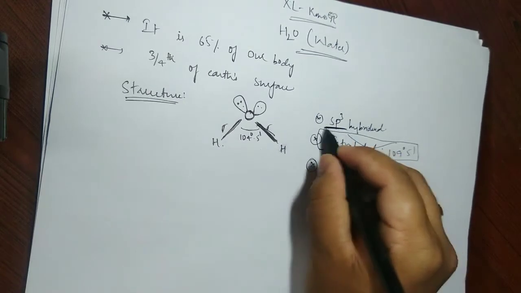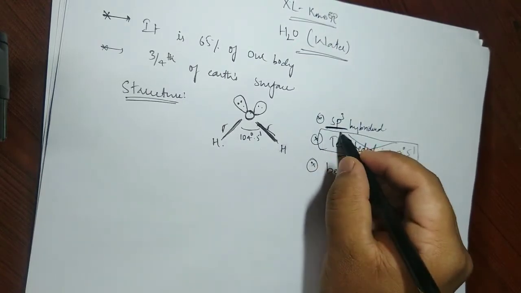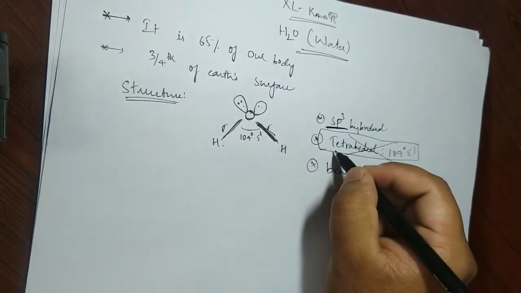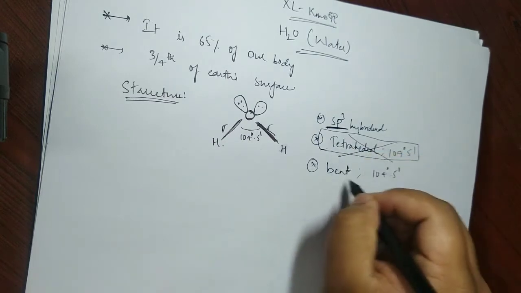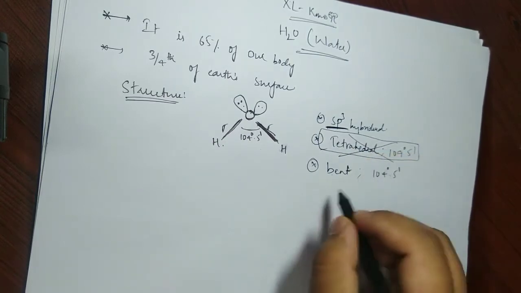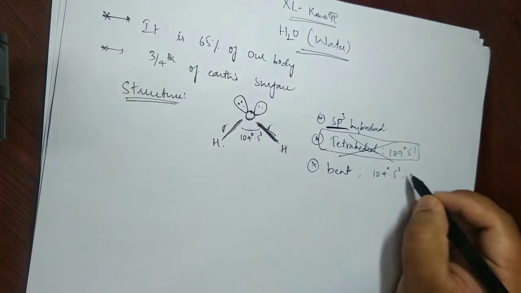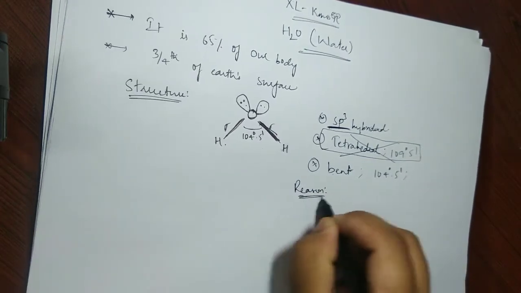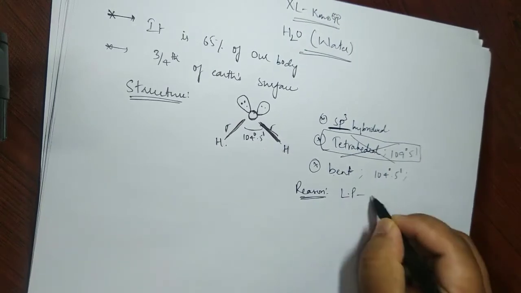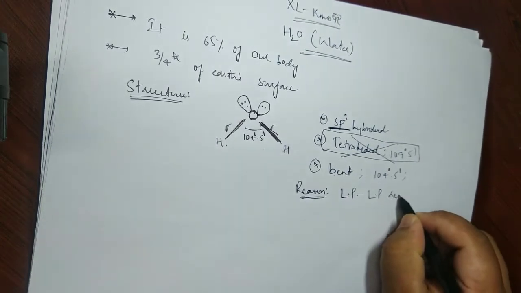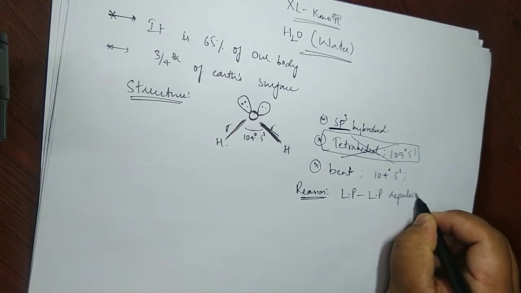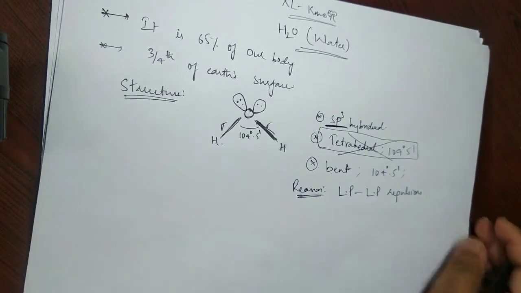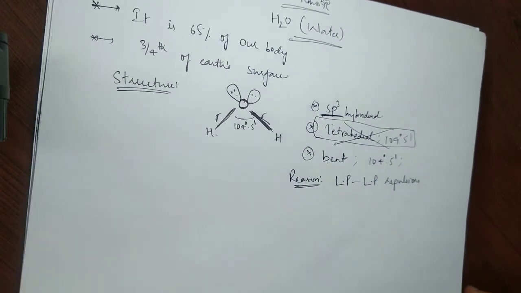Normally sp3 should generally be tetrahedral, but we don't find tetrahedral, we find a bent shape. Why? The reason for the bent shape is lone pair repulsions. In chemical bonding you might have studied bond pair-bond pair, lone pair-bond pair, and lone pair-lone pair, three repulsions.